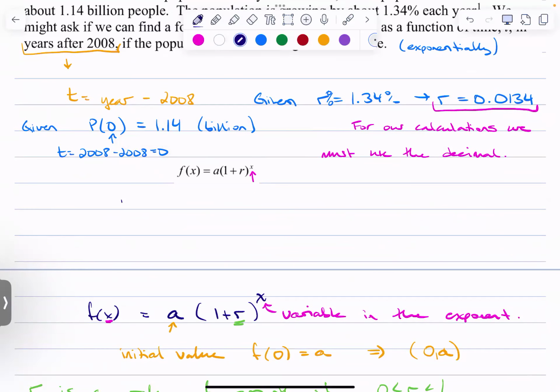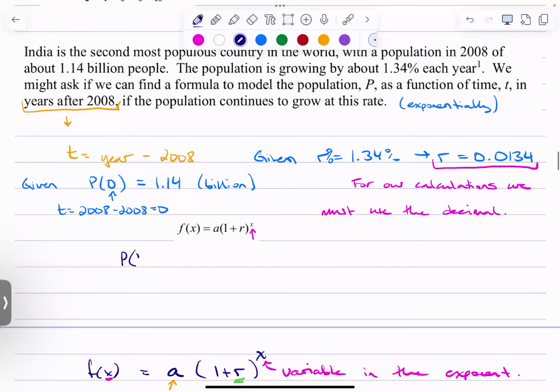Now I want to build a formula for the population size at some input time t, which is going to be the time after 2008. That means this power is going to be a power of t, because that's my input. To make use of this arrow that I copied and pasted in there, this x is being replaced by t, more specifically for this question.